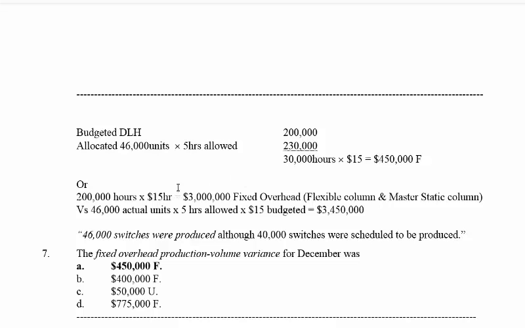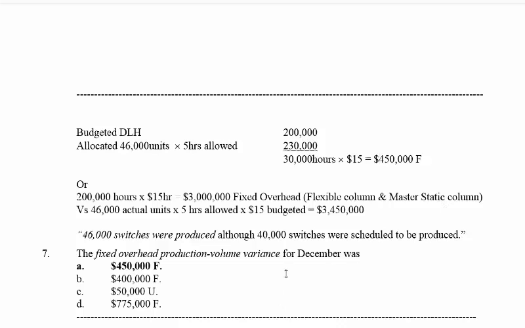I've spelled it out in numbers. 200,000 hours at $15 an hour means $3 million is what would have shown up as fixed overhead in both the flexible column and the master static column.